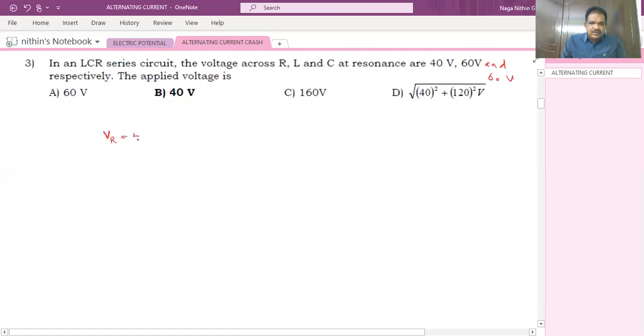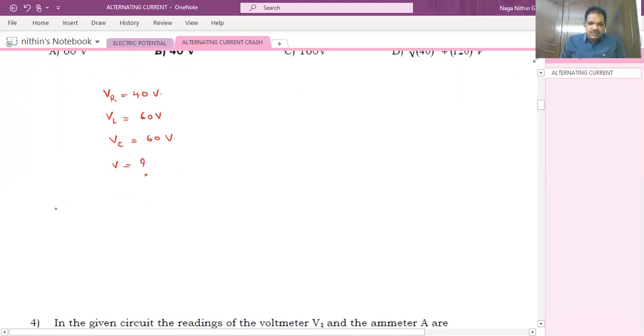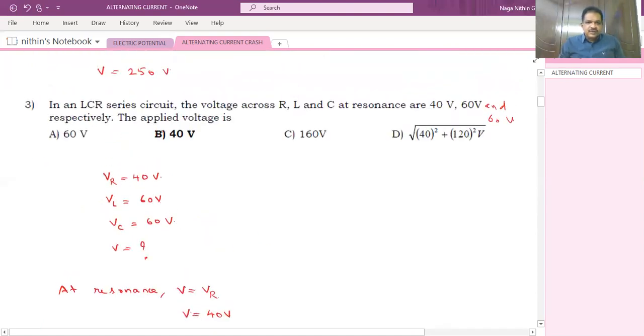VR is equal to 40 volt, VL is equal to 60 volt, VC is equal to 60 volt. V is equal to how much at resonance? At resonance, V is equal to VR, simply. So what is the answer for this? It means 40 volt. So this is the answer for it. Already the answer is in bold letters.